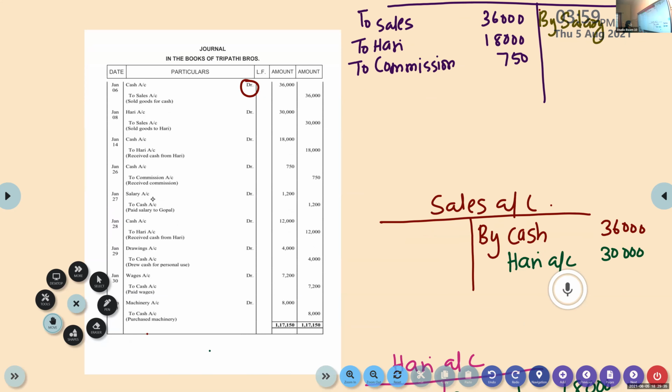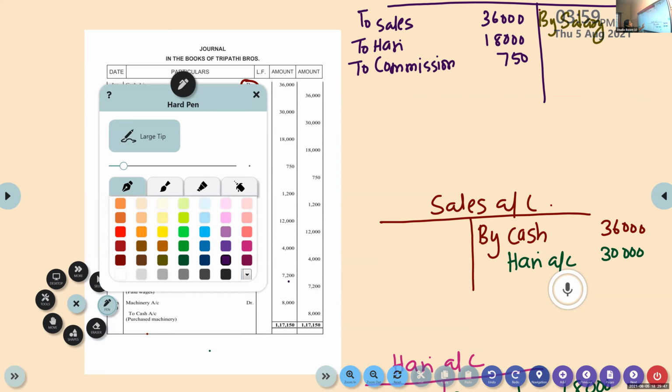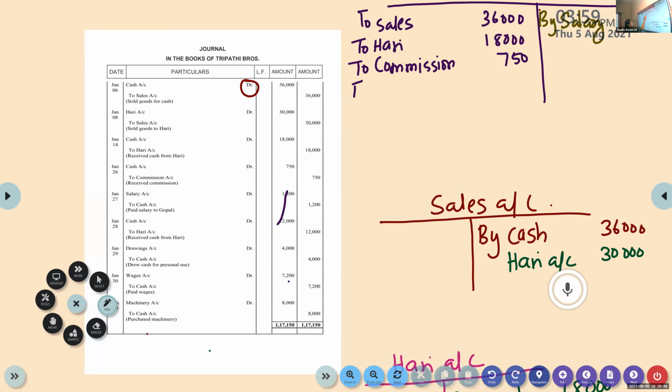Now, January 28, again, cash account debtor to Hari. So, come to cash account. Cash account debtor to Hari. So, to Hari. What is the amount? 12,000. Come to Hari account.